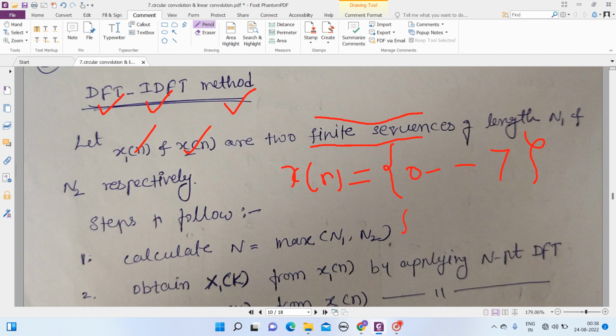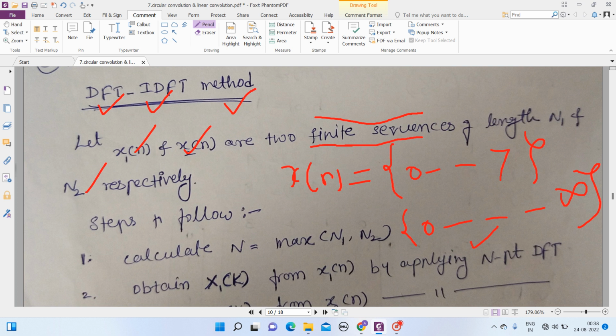If the values vary between 0 to infinity, such a sequence we call an infinite sequence. So here the x1 of n and x2 of n sequences are finite, so they have finite lengths n1 and n2.